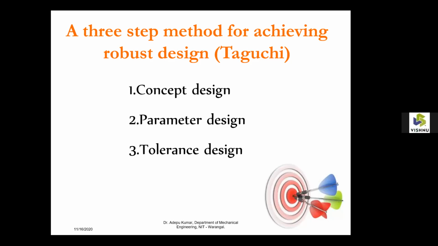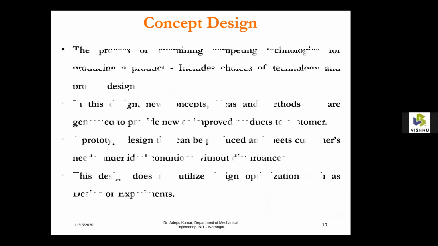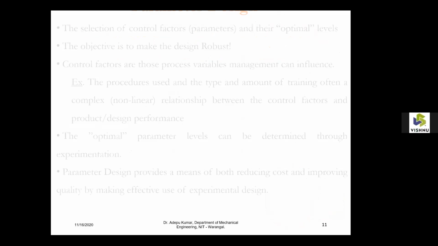Otherwise, it may not function, and the performance is very poor. Closed tolerance requires a high-precision manufacturing process that increases the cost of experimentation. So now we are concentrating on the parameter design. This is the theory already explained.